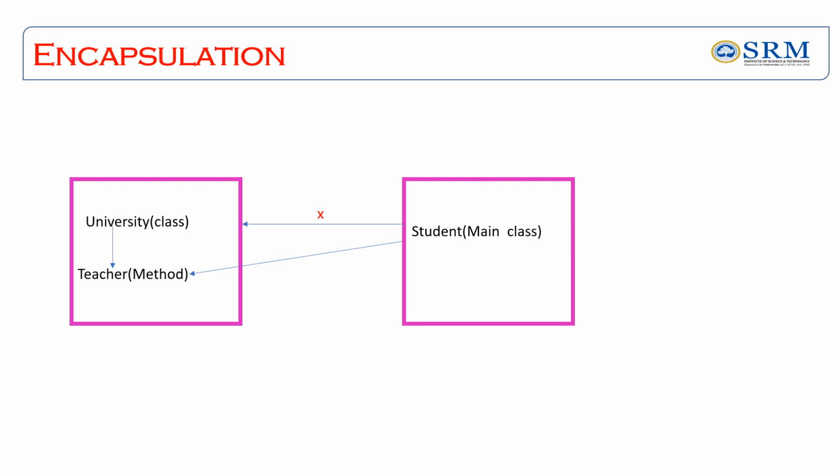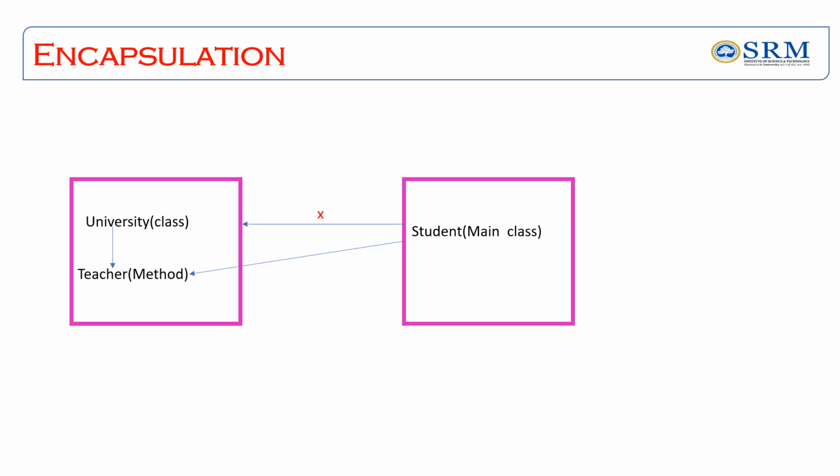So if the student wants to access any information, mark-related information, or wants to apply for a revaluation or anything, he can achieve that through the teacher. He can access that facility with the help of the teacher. Here the teacher acts as a method.